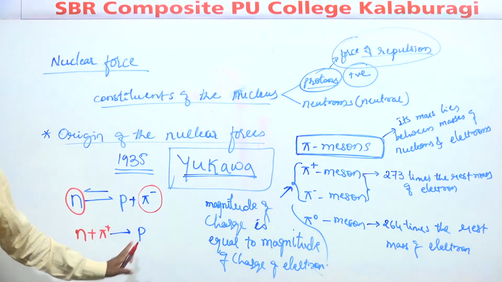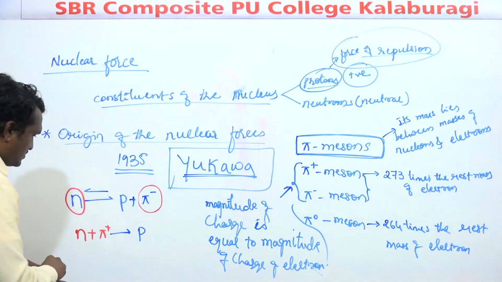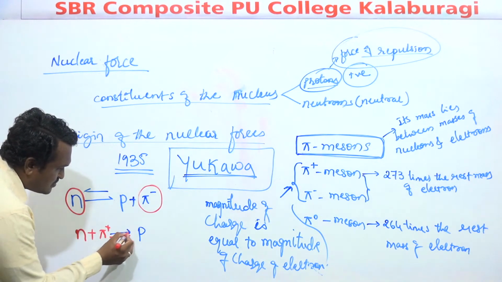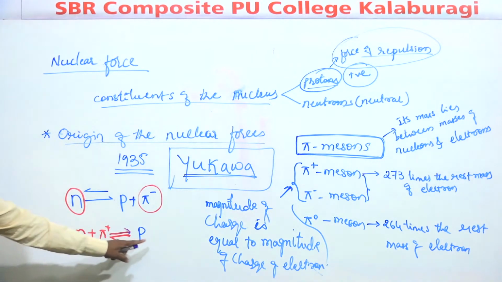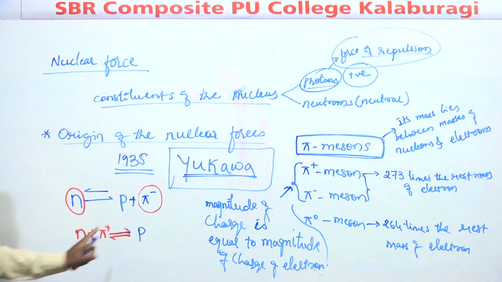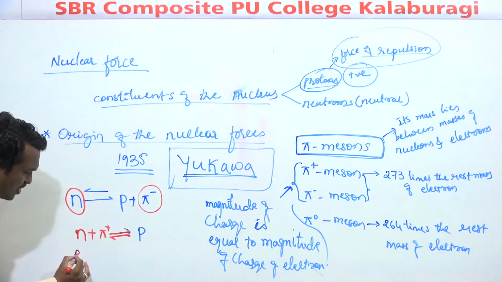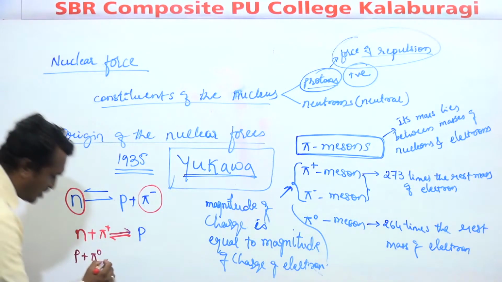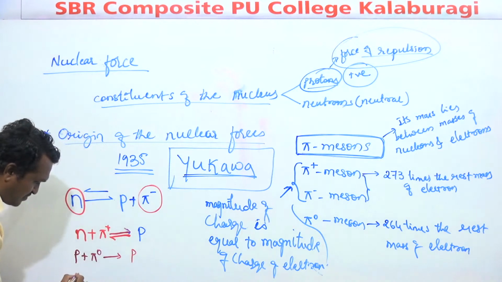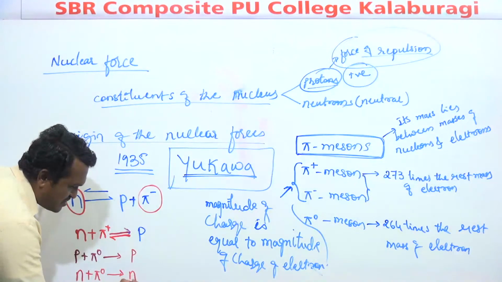Or in reverse, a proton will convert into a neutron by the emission of a pi plus meson. If a proton absorbs a pi neutral meson, it remains a proton. If a neutron absorbs a pi neutral meson, it remains a neutron.